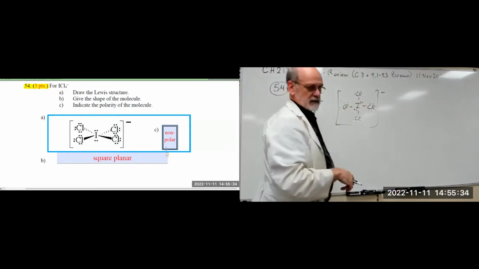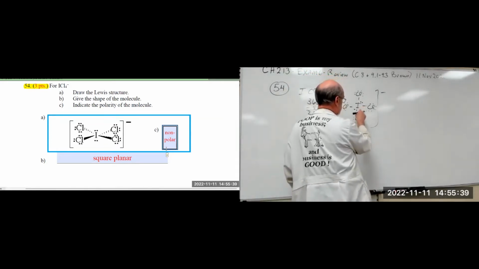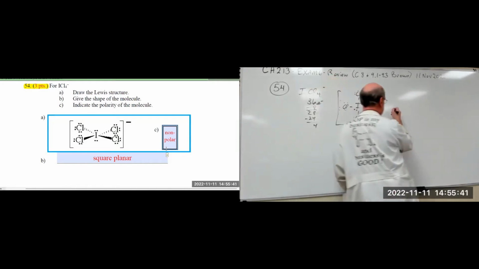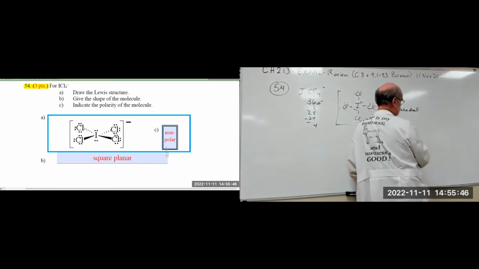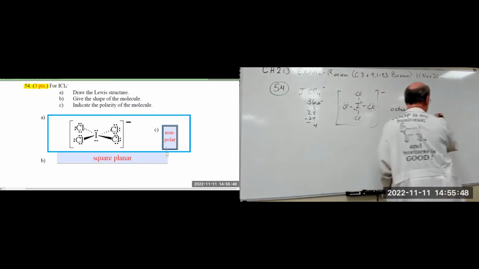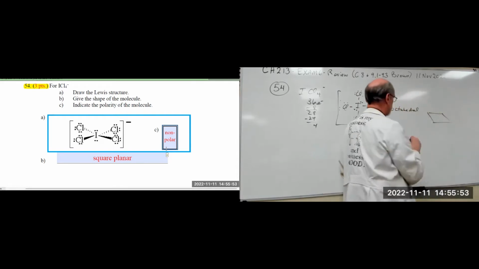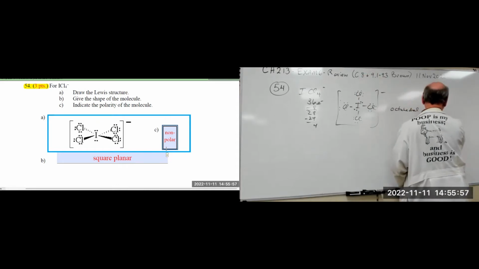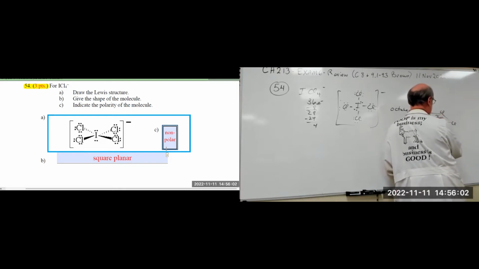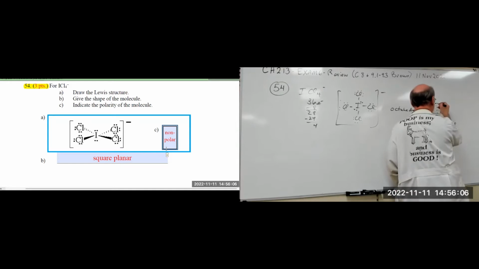Now, what's the structure? Well, it's got 1, 2, 3, 4, 5, 6 members, which means octahedral electronic geometry. So if we draw the octahedral, where are they going to go? Well, iodine's in the middle, and the chlorines are going to be around the square, in the planar square. And the lone pairs are going to be at the apexes.